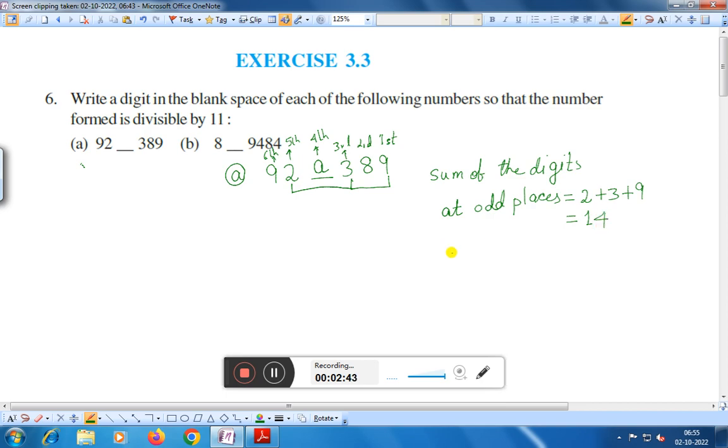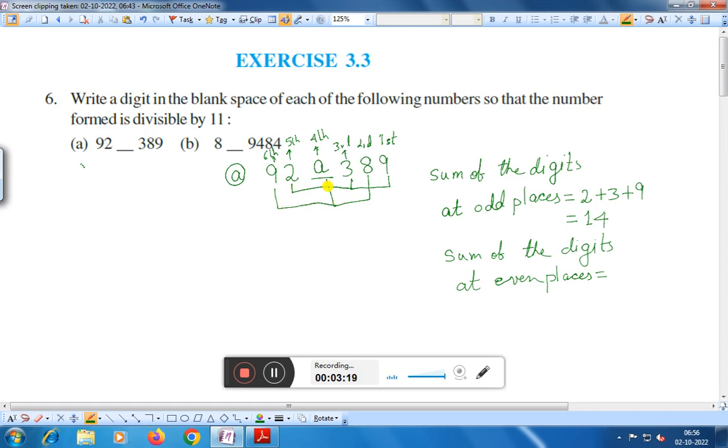Now I will find the sum of the digits at even places. This is the second place, fourth place, and sixth place.